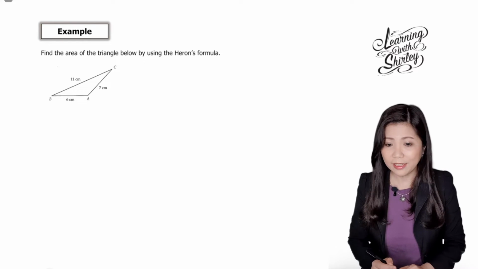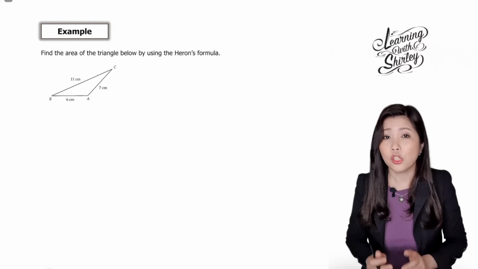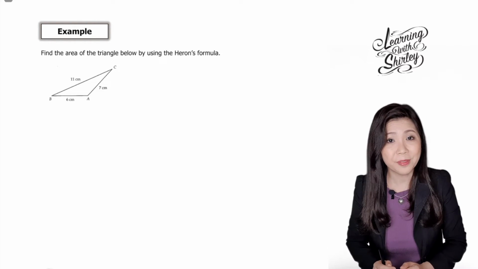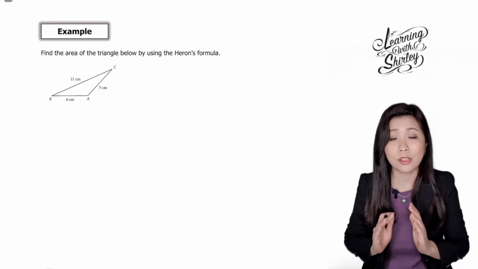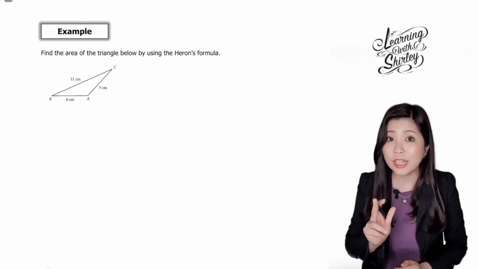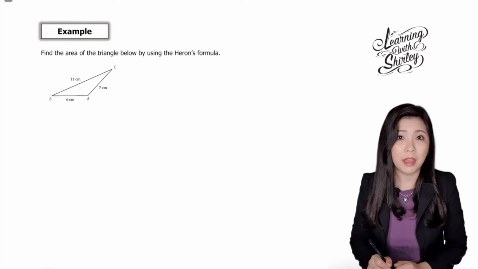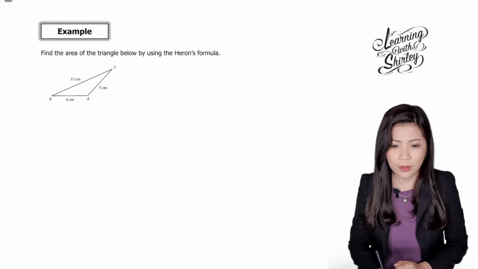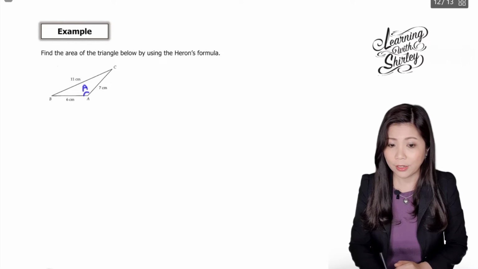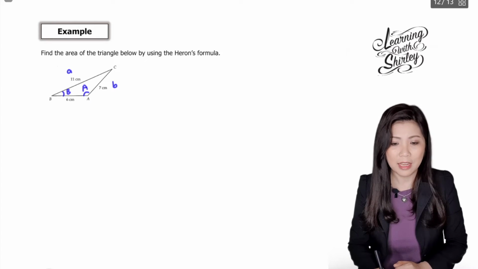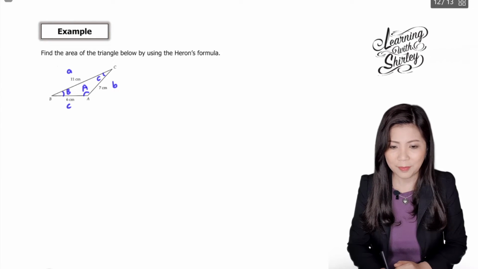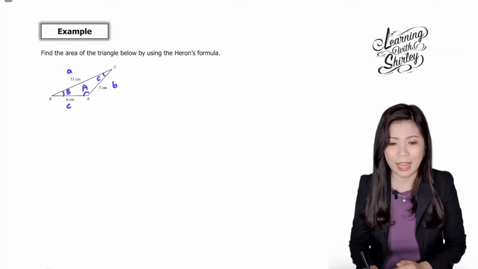Let's look at this example. Find the area of the triangle below by using Heron's formula. When do we use Heron's formula? We use it when the triangle has no angles given, but the three sides are known. First I need to determine the sides a, b and c. If this is angle A, then this is side a; if this is angle B, this is side b; if this is angle C, this is side c, because each side is opposite its angle.